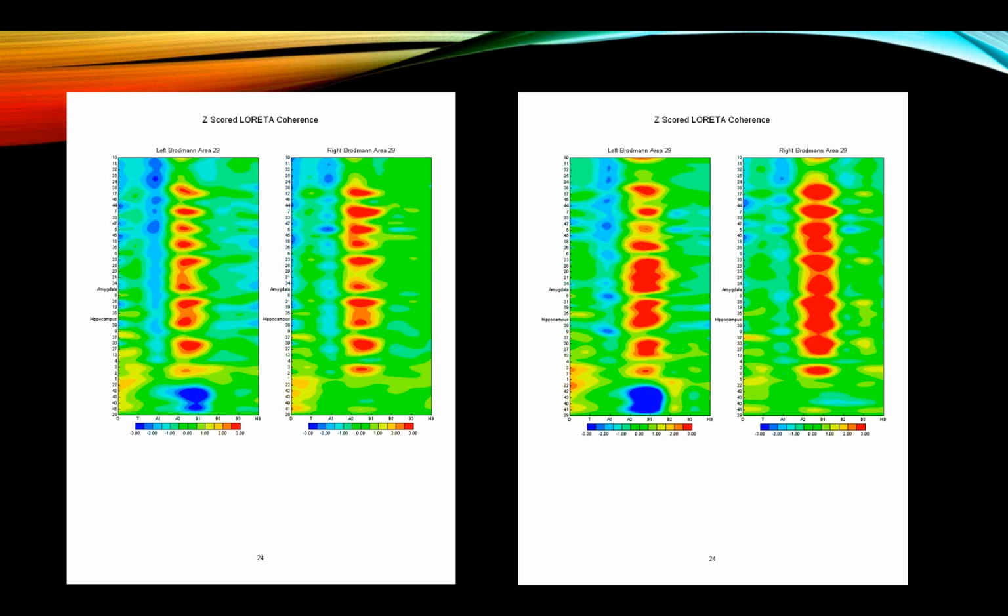Now, one may look at this data and say, oh my God, this is an extreme shift. And I would say, yes, it's extreme, but it's what you see immediately after treatment. What we're seeing here is the brain in transition. So it is definitely one swing.